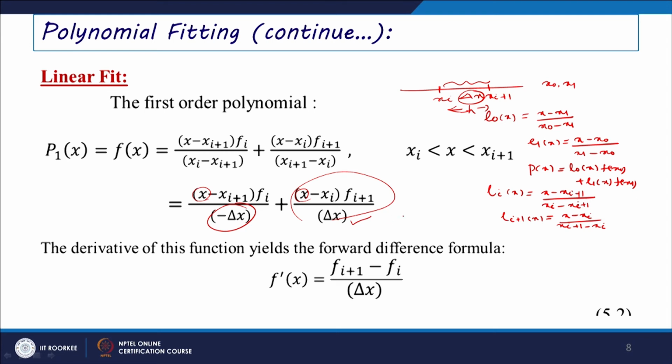So the complete differentiation, that is f dash x, can be written in the form of minus of fi by del x plus fi plus 1 by del x, which is just written in this form, that is fi plus 1 minus fi by del x.